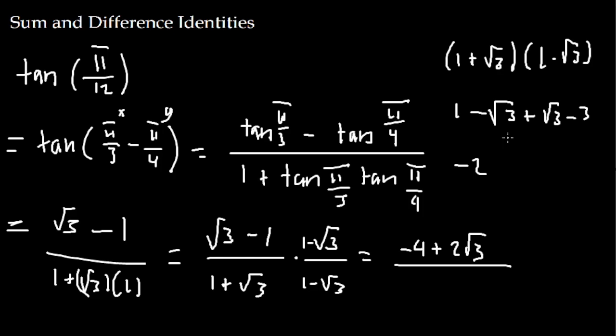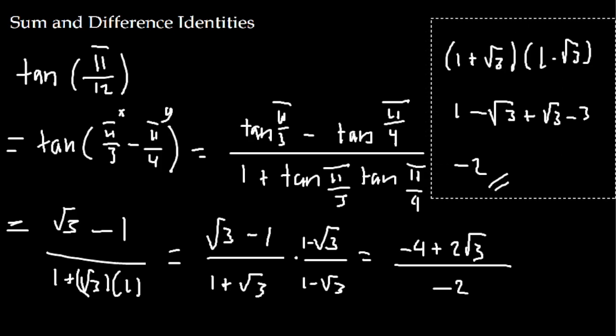It is 0. So this will cancel out. Oo nga naman. So our simplified version is negative 2. This is our simplified version for the denominator.